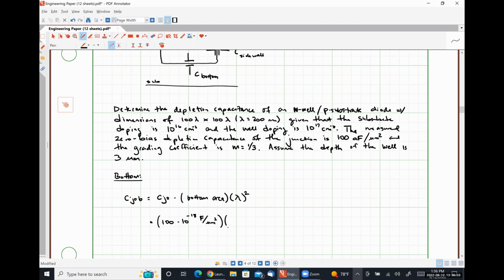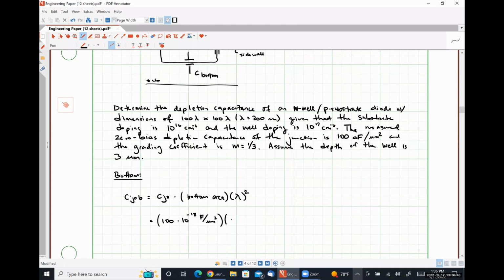And then our well has a bottom area of 100 times 100. And then we have a lambda times a lambda as well, where lambda, 300 nanometers, is 0.3 microns squared.